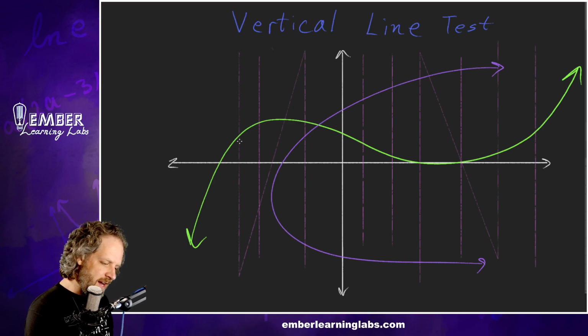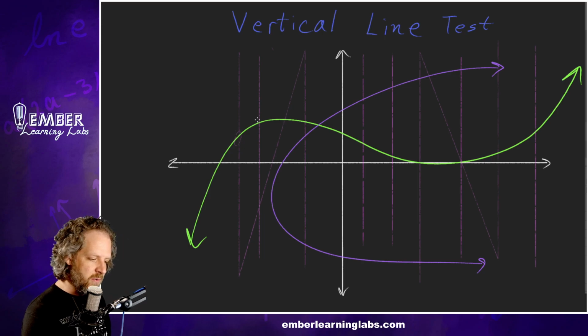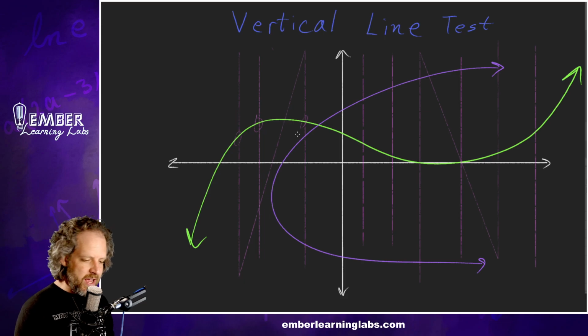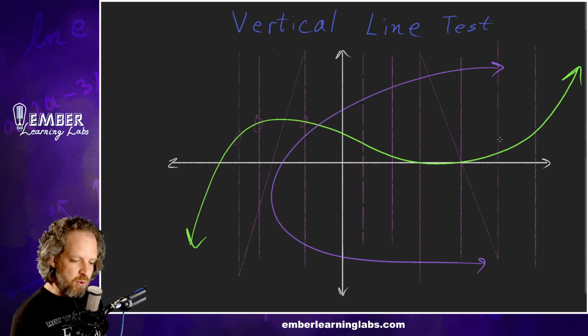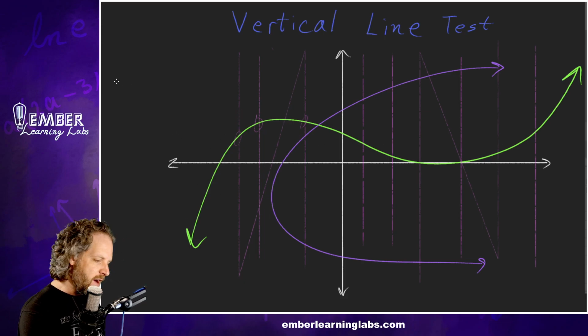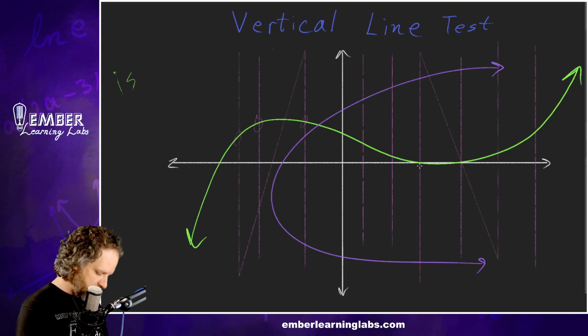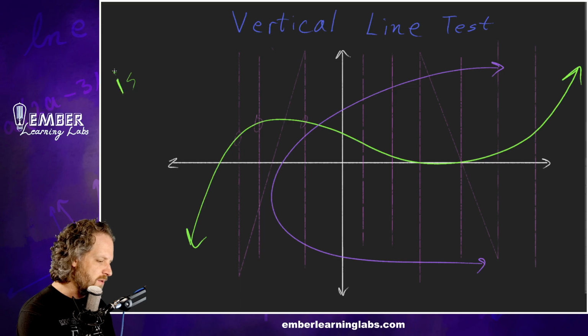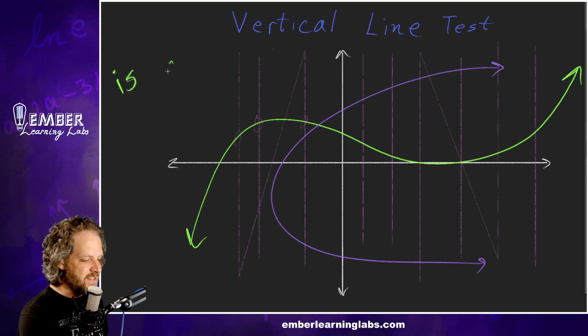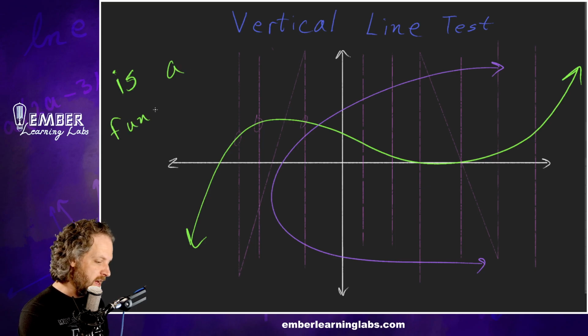It only touches it once right there. Once right there. Once right there. And as I'm going, it never hits this green graph more than once. So this green graph is, well, I better make my writing a little bit bigger so it doesn't go all spooky. Okay, it is a function because it passes the vertical line test.